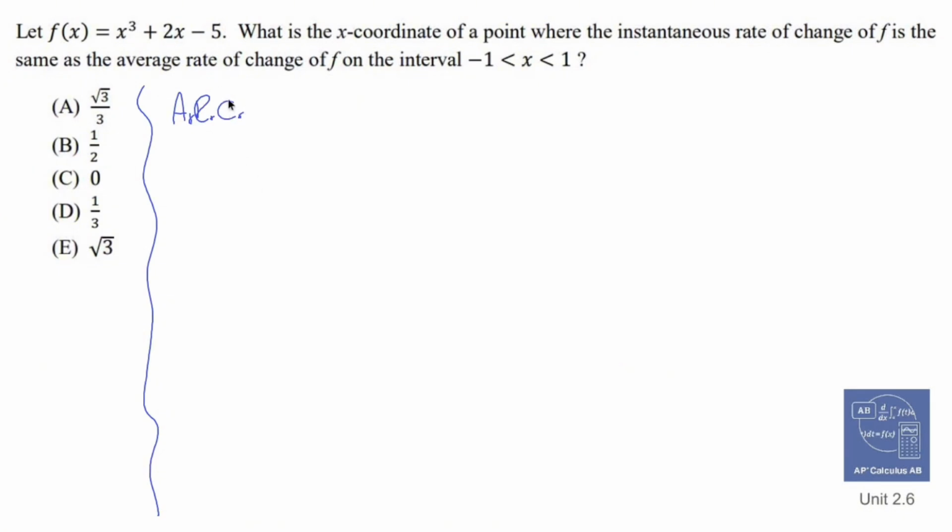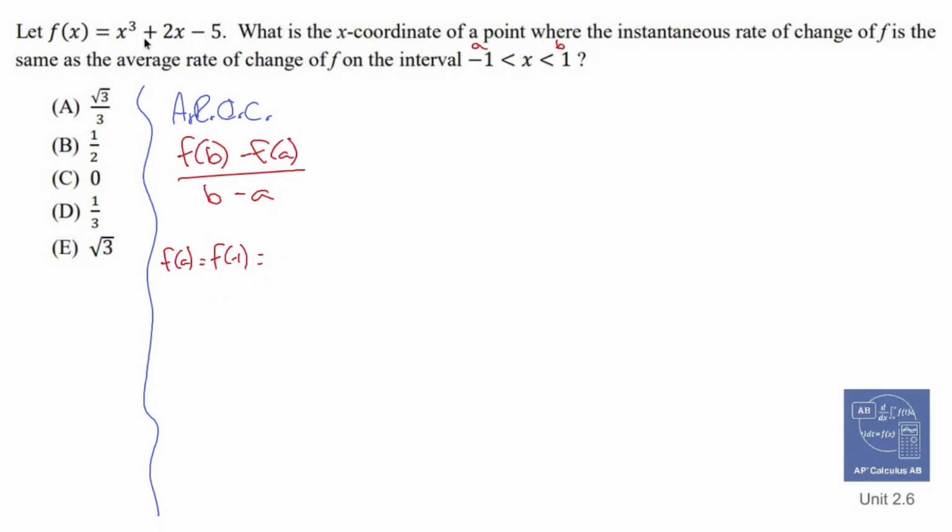I like to say AROC. The average rate of change is found by doing f of b minus f of a over b minus a. You would be my a, you would be my b. So finding f of a would be finding f of negative 1.